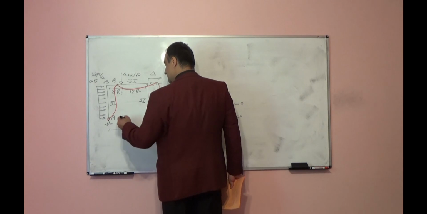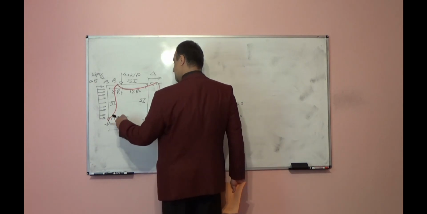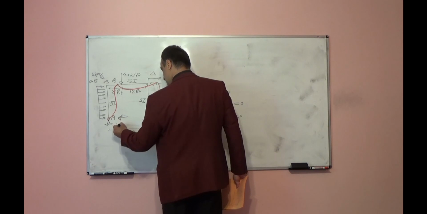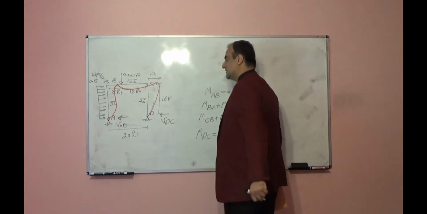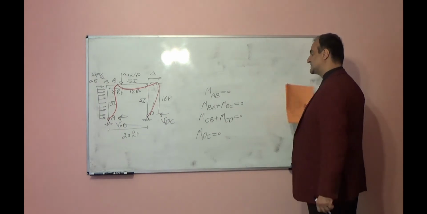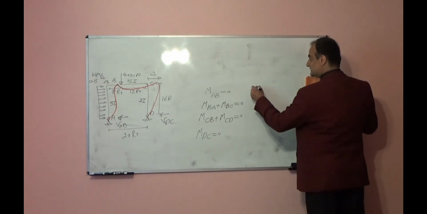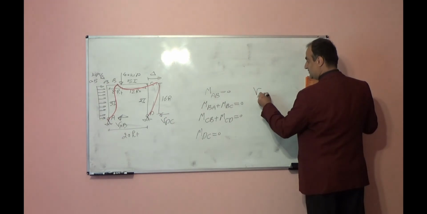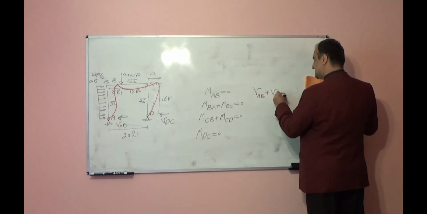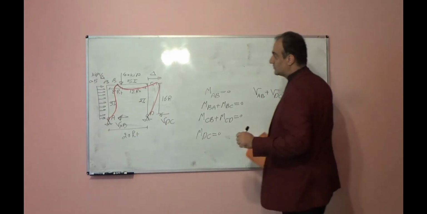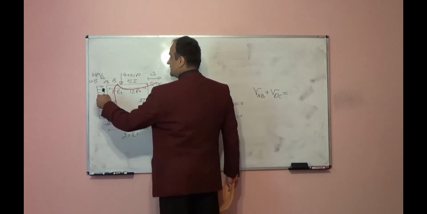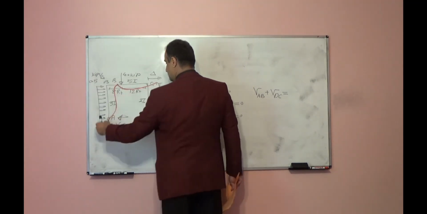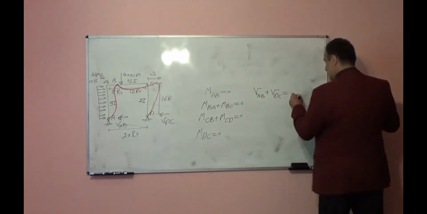If the shear force at point A, the support traction at point A, I show with VAB, and this one with VDC, the equilibrium equation in the horizontal direction, the summation of forces in the horizontal direction equal to 0, gives us VAB plus VDC should be equal to half times 16.